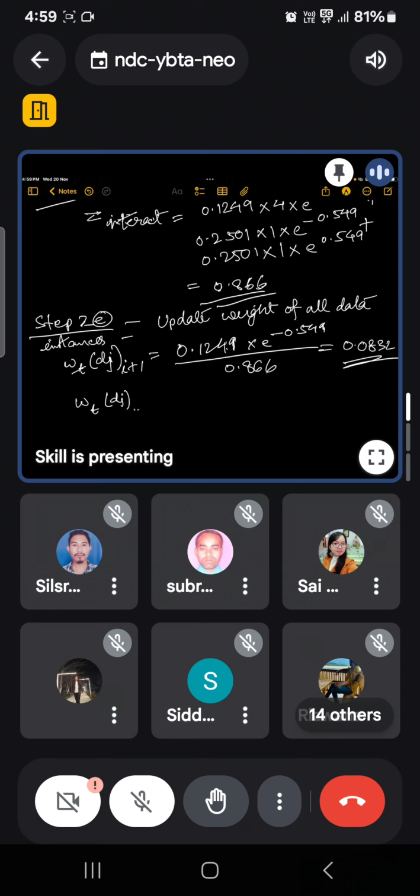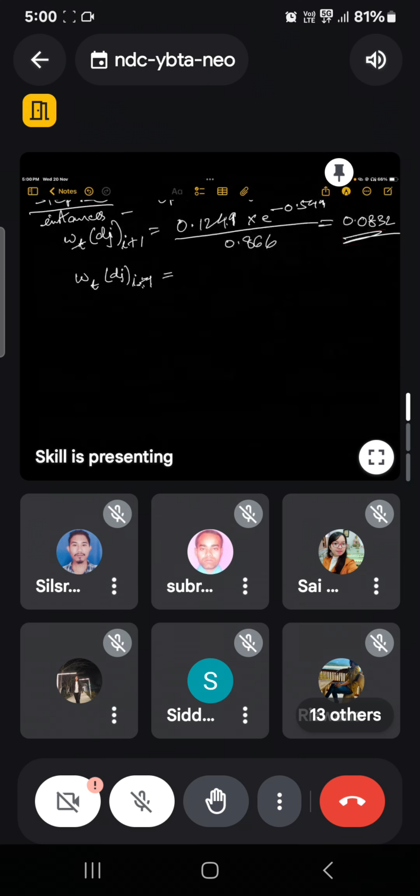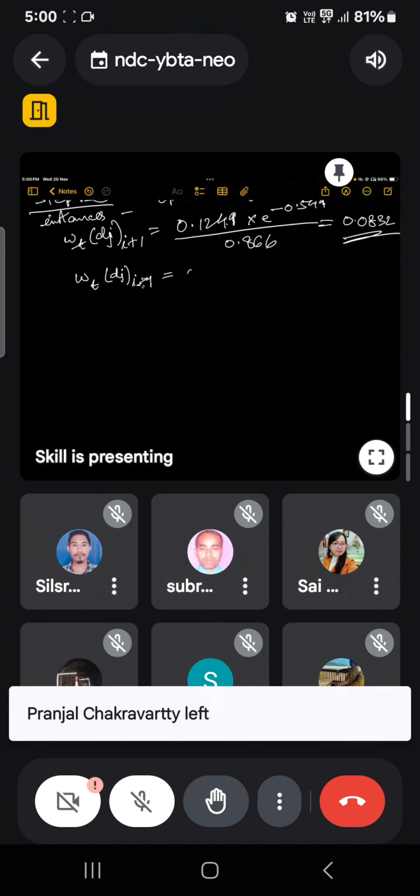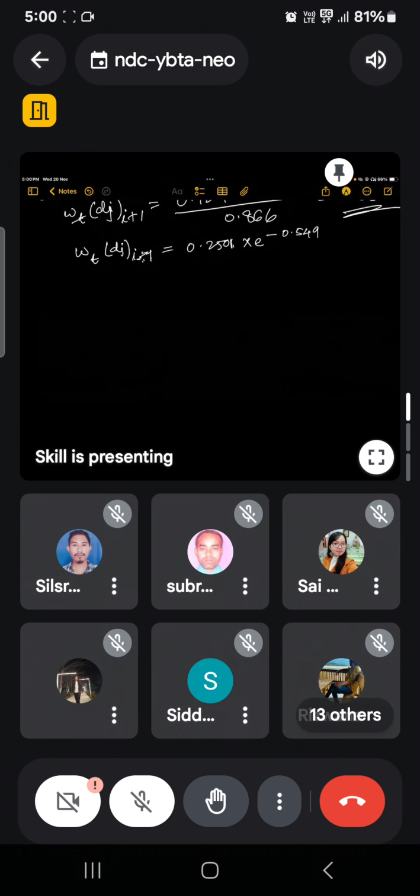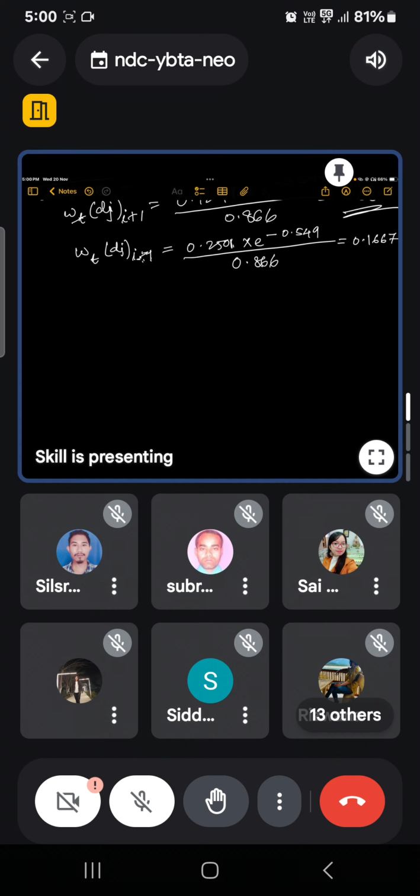So it is also a correct instance. And one was an incorrect instance.